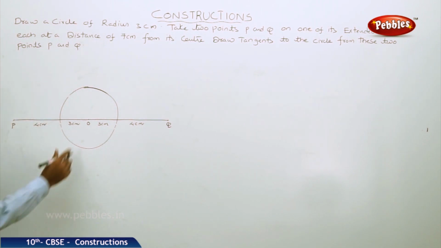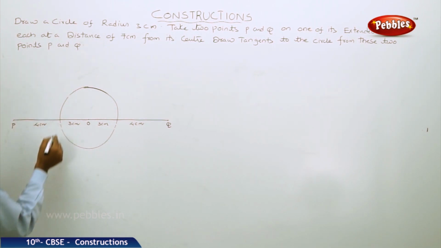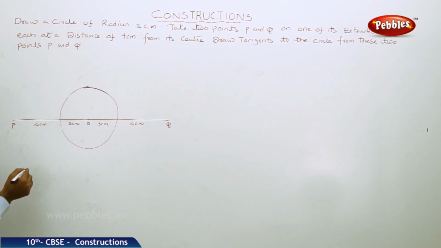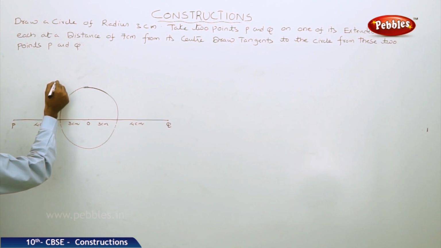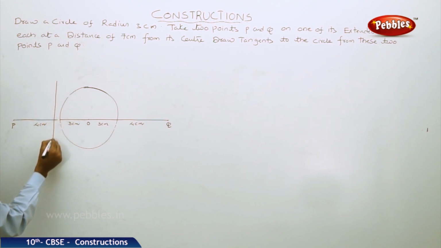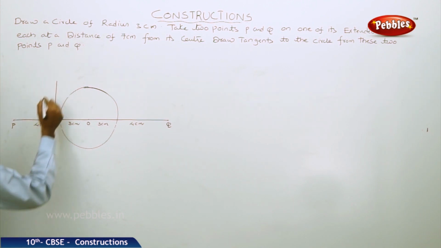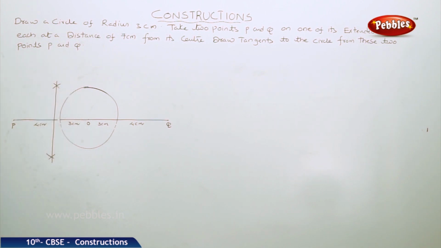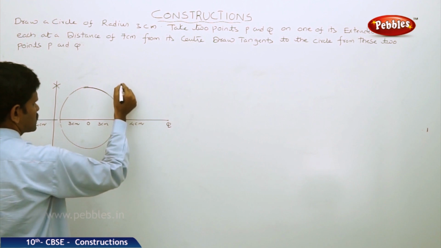Now draw the perpendicular bisector of OP. Now draw the perpendicular bisector of OQ.